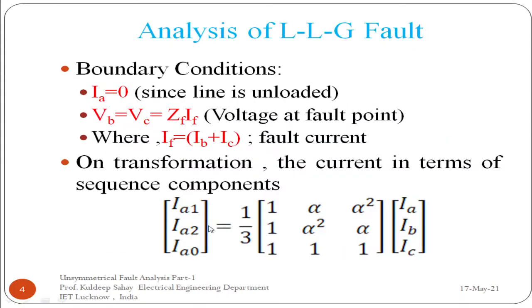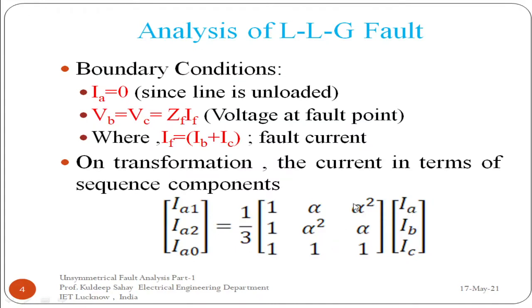Using the transformation matrix for getting the symmetrical current components, which is well known now: IA1, IA2, IA naught equal to 1/3 times the matrix with rows 1 alpha alpha square, 1 alpha square alpha, and 1 1 1, multiplied by the phase current vector IA, IB and IC.